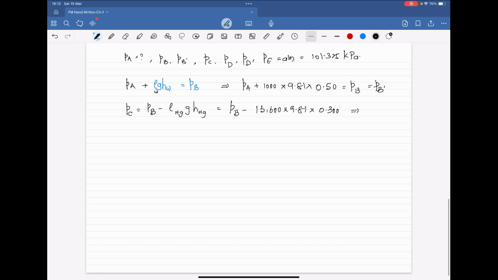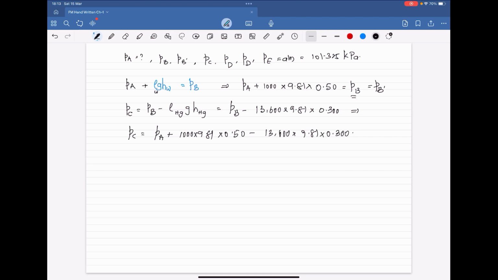That means what is PC? PC is this much, and PB is PA plus. We'll replace this PB here. Then PC is equal to, what is PB? PB is nothing but PA plus 1000 into 9.81 into 0.50, minus 13,600 into 9.81 into 0.366.